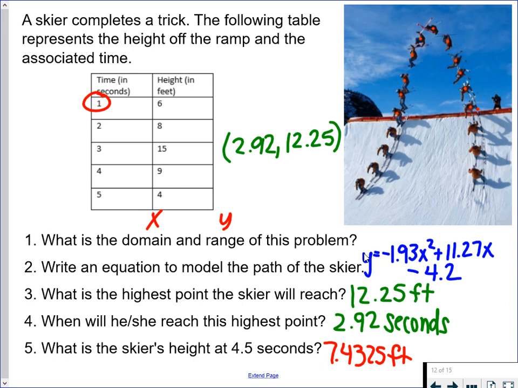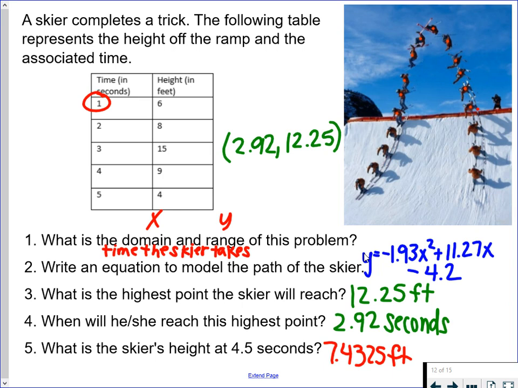So our domain is going to be our time the skier takes, trying to think of the best way to phrase this. Time it takes a skier to go up off the ramp and back down to the ramp, okay? And that takes about from 1 to 5.5 seconds, okay?